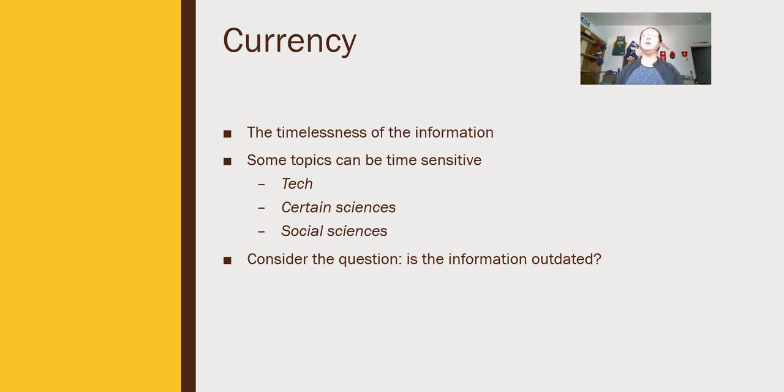So for example, if you're looking at something that's more grounded in sociology, and you want to know what a specific demographic of a particular region looks like, and you're trying to make the argument for what we could do in 2019, you'll probably want the demographic information from 2017 or 2018 as opposed to 2002. So you can see how some topics and some areas can be more time sensitive.